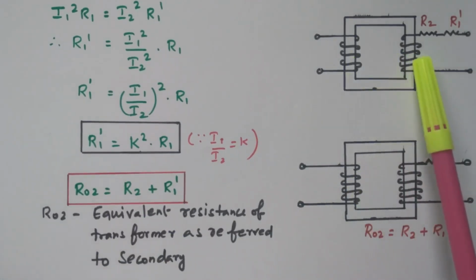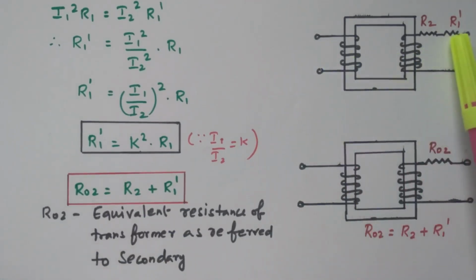The primary winding and secondary winding, the primary resistor is now transferred to the secondary, so it becomes R1 dash. Both are in series, so that can be written as R02. So R02 equals R2 plus R1 dash. Now we can make the calculation because we have all the parameters on the secondary side. So we discussed resistor transfer from secondary to primary as well as primary to secondary.